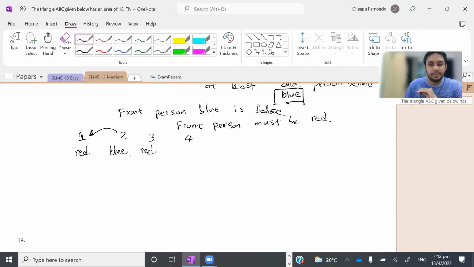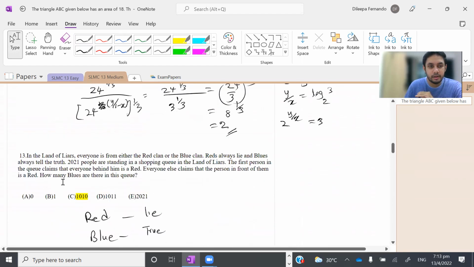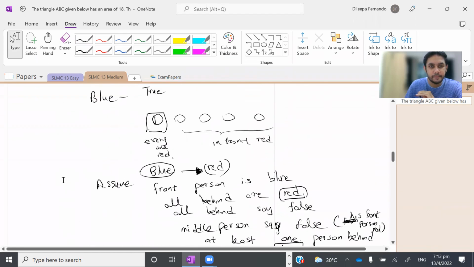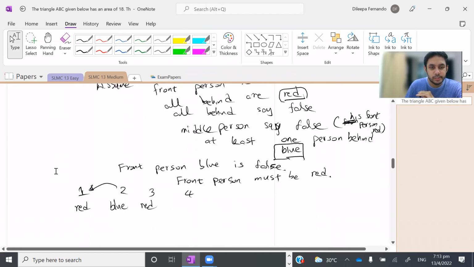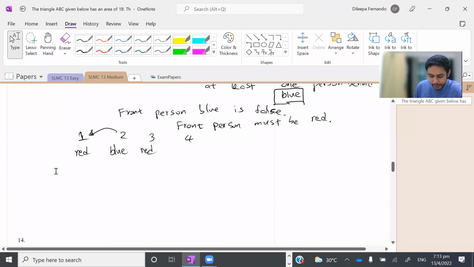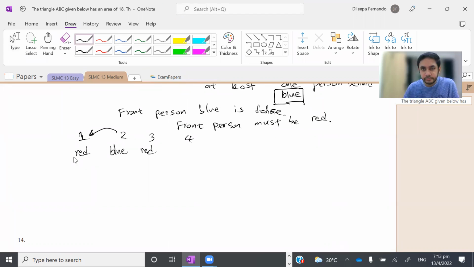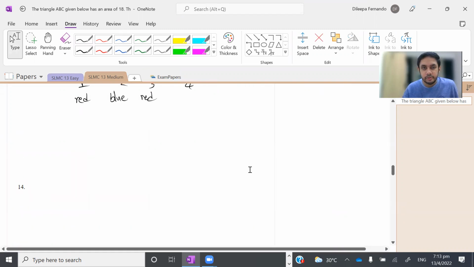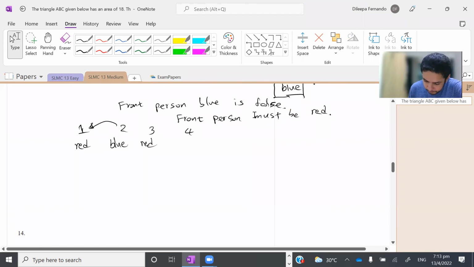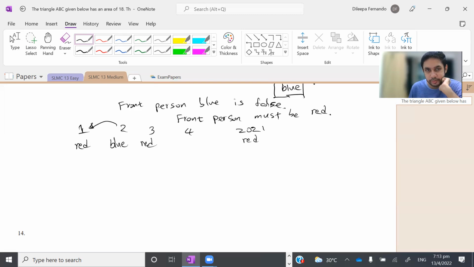So the question is, how many blues are there in the queue? So there are how many? 2021. So we start with red. One is red, and 2021 is also red because all the odd ones are red. As we ask for the number of blues, even ones are blue.